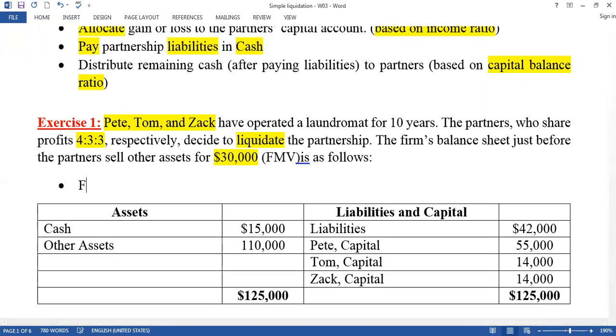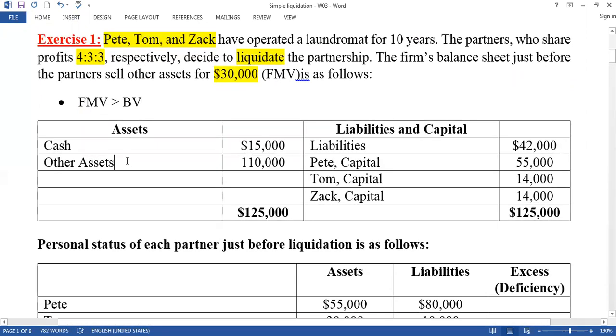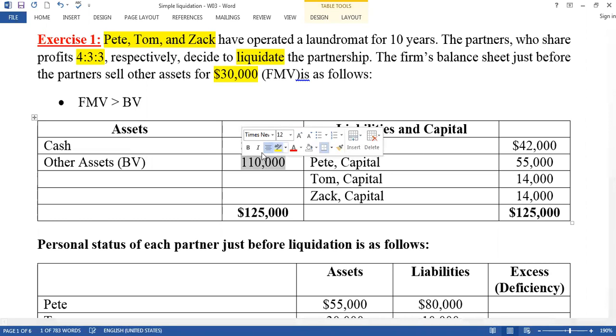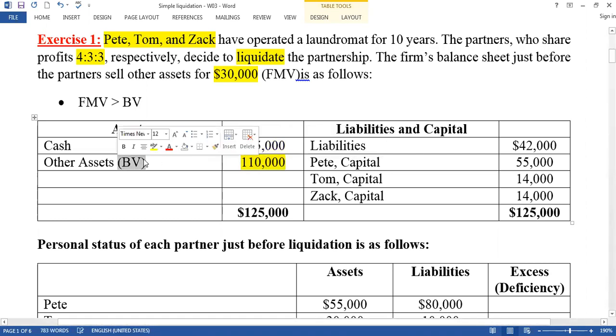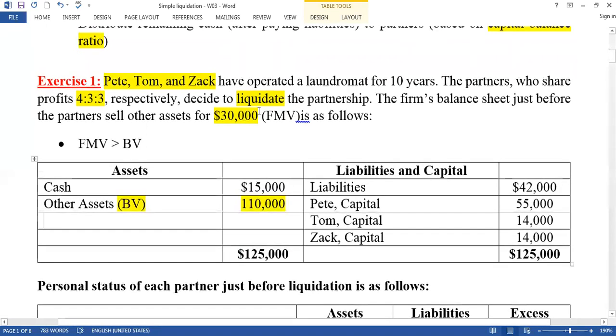So fair market value, if fair market value is greater than book value. So which one is the book value? This is the book value, $110,000. This is our non-cash asset and this is the book value, and we sell this asset for $30,000.